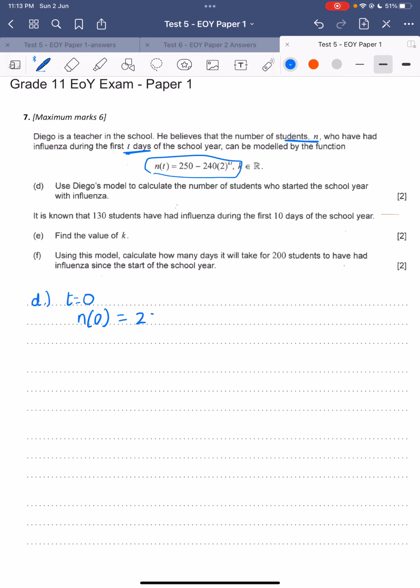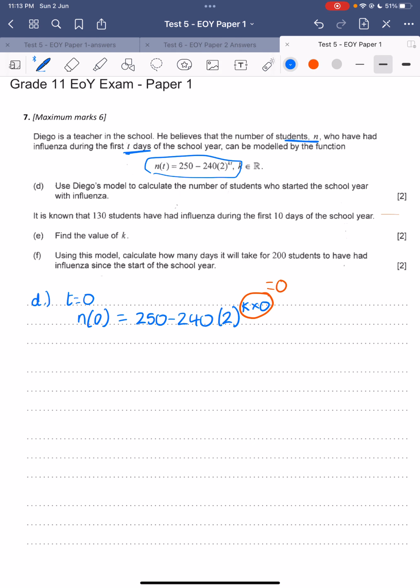And we have 250 minus 240 times 2 to the power of, now we don't know what K is, but that's times by 0 as T is equal to 0. Now you could type that into your calculator, but obviously with the K value, that makes it tricky. But this is why you're often asked the initial value when T is 0, because we know that anything times 0 is equal to 0.